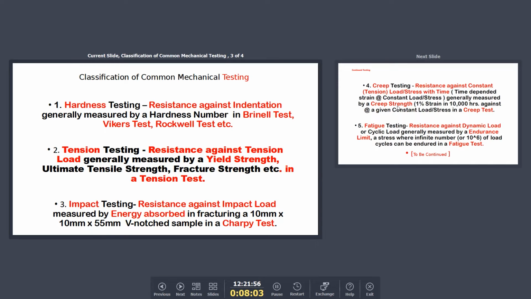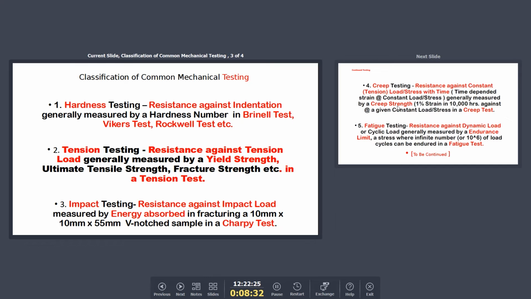Now, we will discuss in detail when we come to the chapter of tension testing. But just for interest, how can we know what material will give us good resistance against tensile load? This is measured by the yield strength of the material.